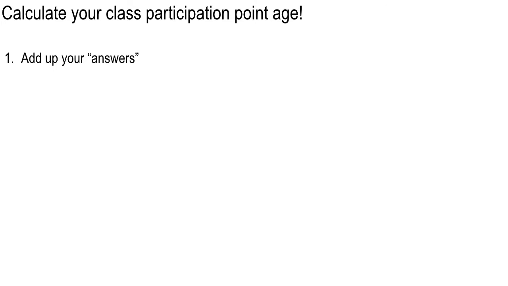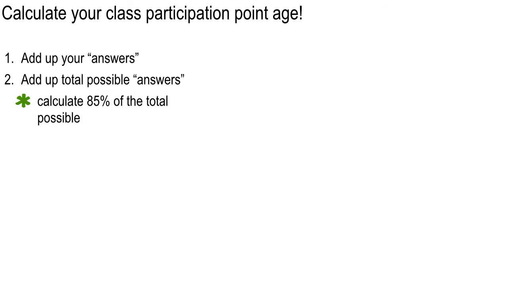All right, let's do a calculation. You add up your answers. So L5 answers, L6 answers, and so on, and then you add up the total. Now that's in the second column of the grades page. That tells you basically out of how many possible. So you add all those up, and that allows you to figure out your percentage.